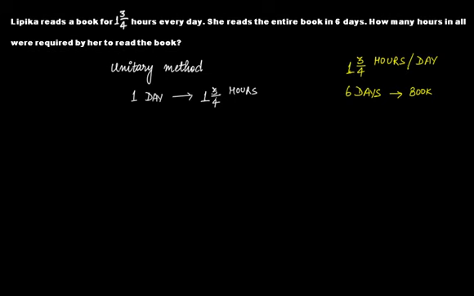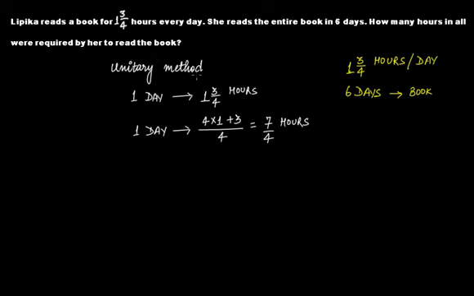If you convert this mixed fraction into an improper fraction, that will be 4 times 1 plus 3, divided by 4. This will be 4 times 1 is 4 plus 3, that is 7 by 4 hours. So in one day, she takes 7 by 4 hours.